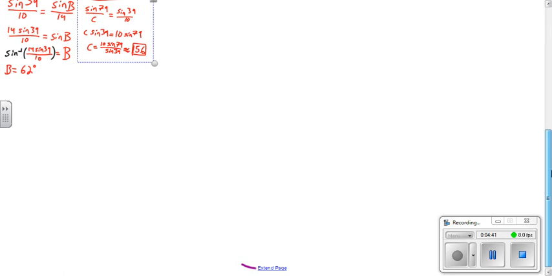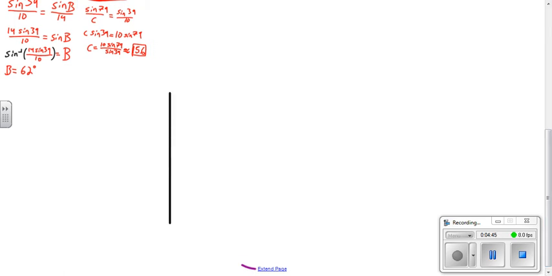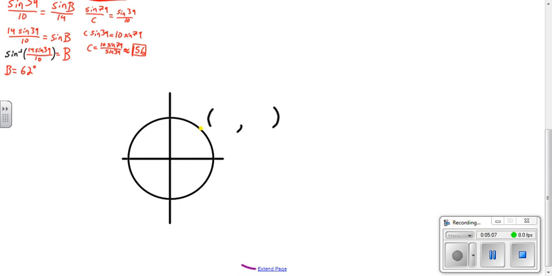Now, the way to solve for the next piece, this is another situation where our unit circle is going to come in handy. Now remember, just like with our reference angles, whenever we have a point on here, and we have its coordinates, its x-coordinate is the cosine, its y-coordinate is the sine.